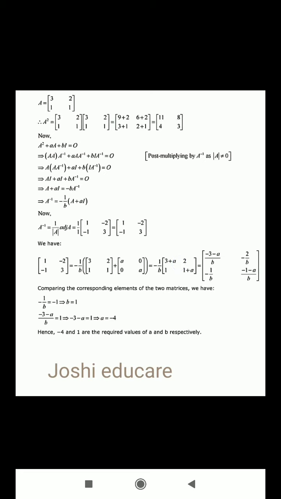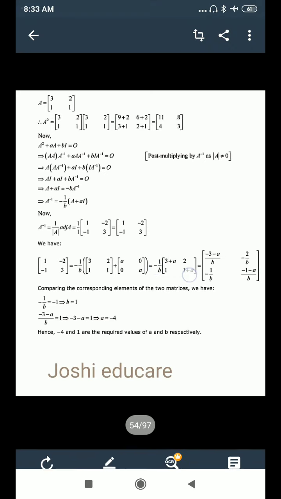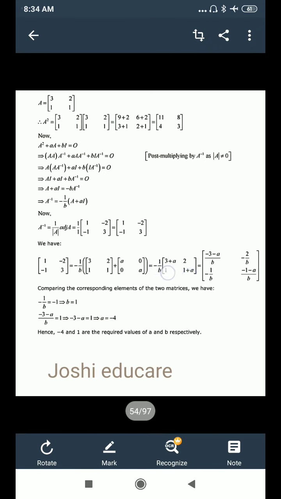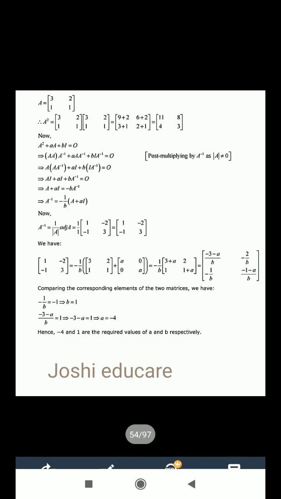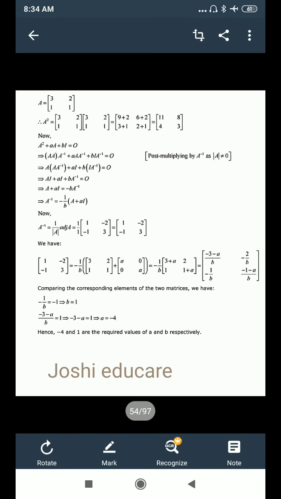So on equating the corresponding terms, when we multiply this minus 1 by b with all the elements of this matrix, this one particular element will get minus 1 upon b, and left side it is given equal to minus 1. So this minus 1 upon b will be minus 1, by that you can get the value of b.